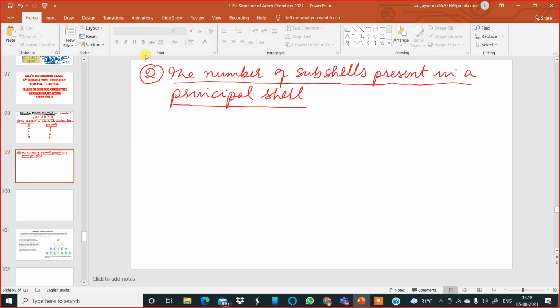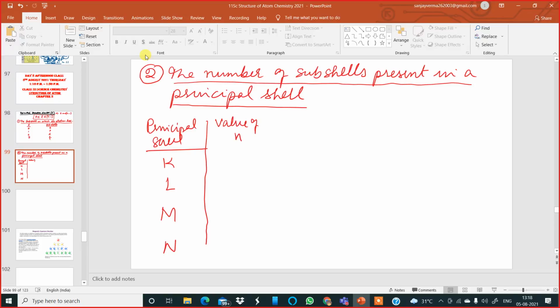Suppose I write down the principal shell, I'll make this column. I'll write down K principal shell, L, M, and then N. For the corresponding principal shells K, L, M, N, I will write down the value of n.